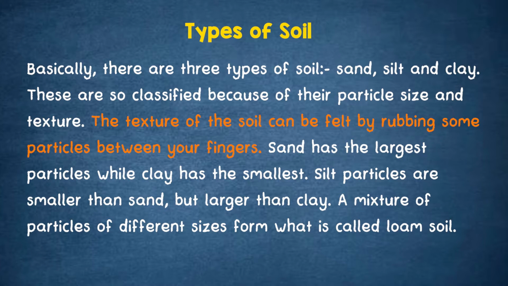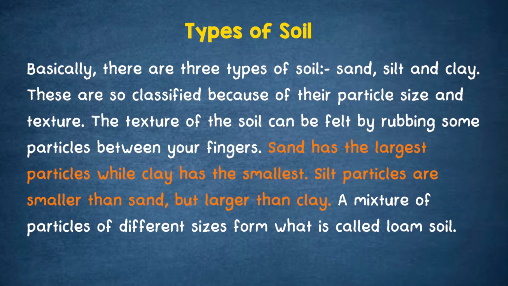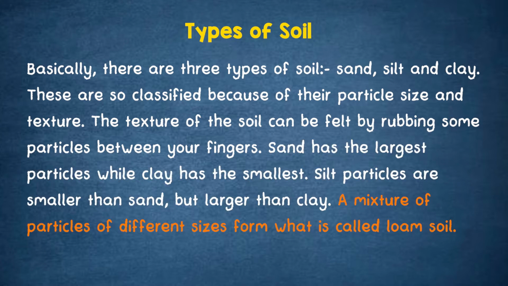The texture of the soil can be felt by rubbing the particles between your fingers. Sand has the largest particles, while clay has the smallest. Silt particles are smaller than sand, but larger than clay. A mixture of particles of different sizes forms what is called loam soil.